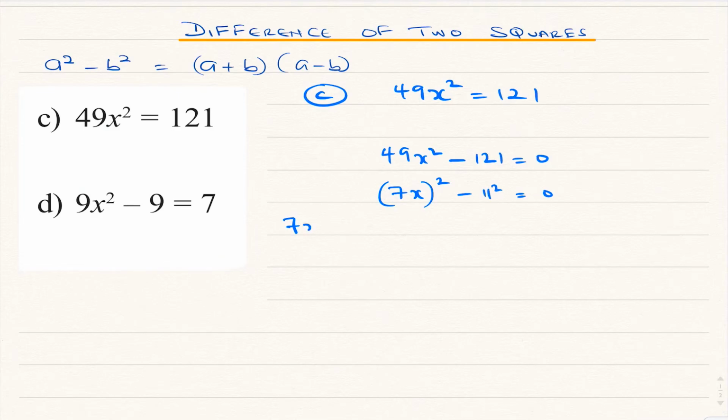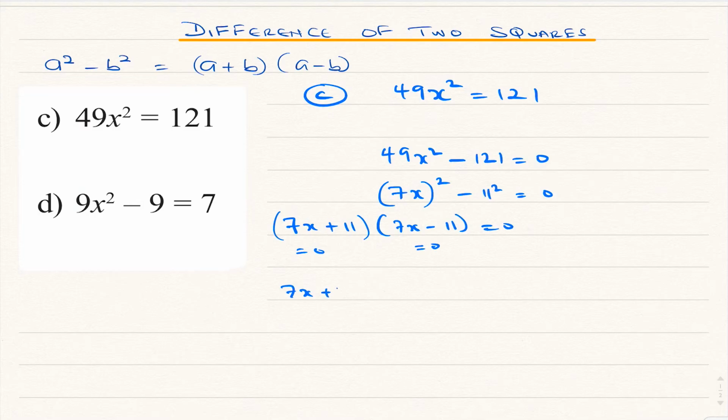So 7x plus 11 times 7x minus 11 equal to 0. Set both of them to 0, both factors.